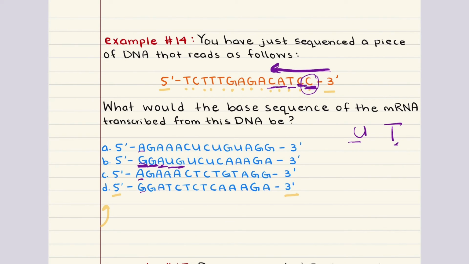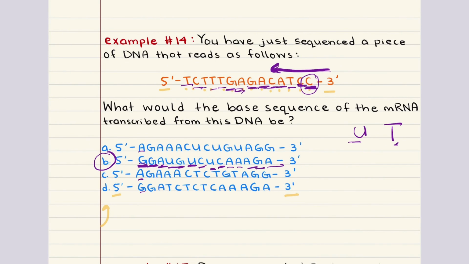This pairs with G. A pairs with T, but we replace that with U. G pairs with C. A pairs with U. G pairs with C. T pairs with A, and then C with G and T with A. So the correct answer for this problem is going to be B.